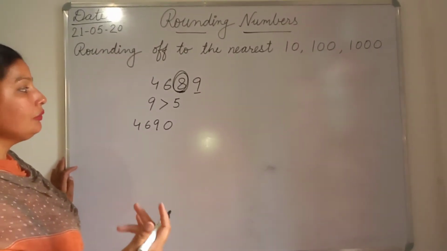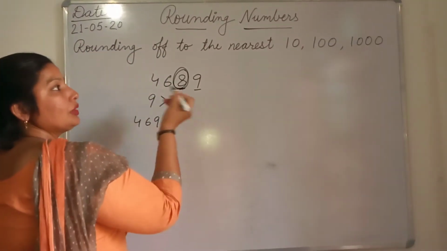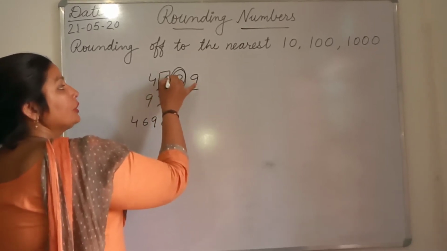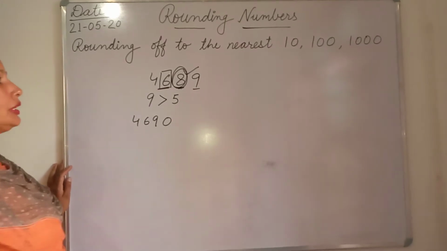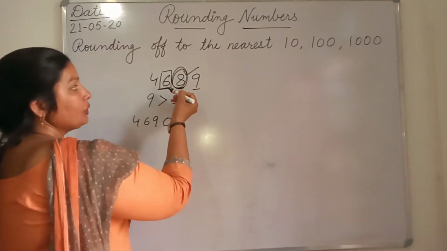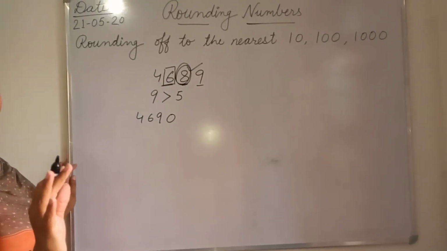The same way we have to find rounding of 100. When we find rounding of 100, where is the 100 column? Ones, tens, 100. This is the 100 column. So for rounding of 100, we check the tens column. If the tens column has 5 or more than 5, we increase the 100 column, and if it is less than 5, we will not increase.